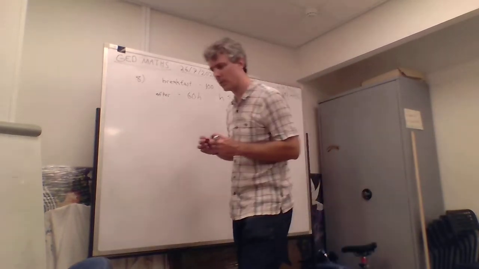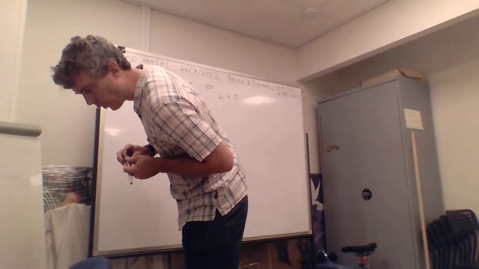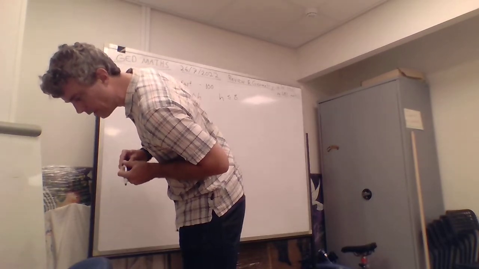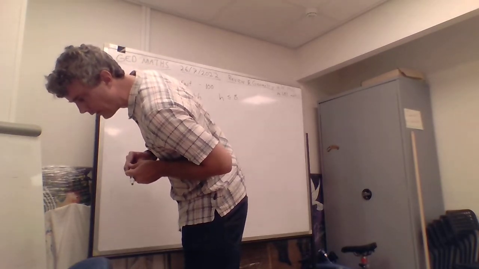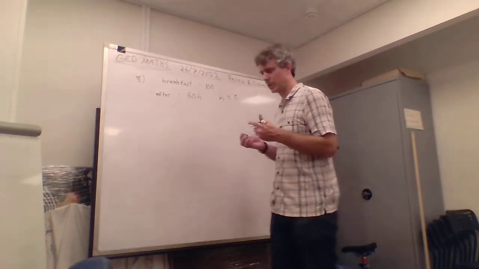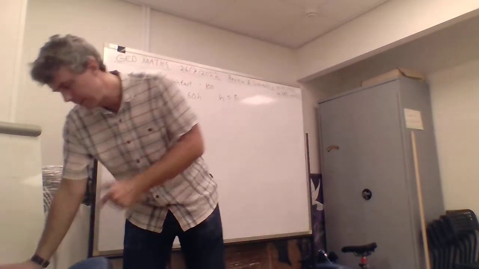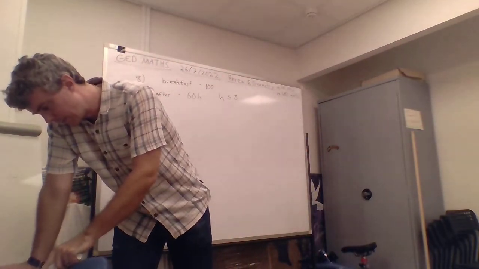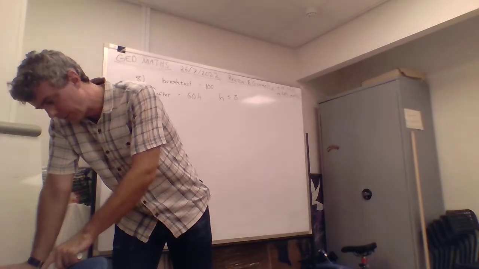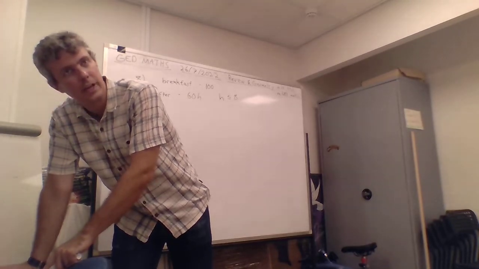So what do they want? The domain. If we look here, A says the domain is 0 is less than or equal to h, which is less than or equal to 8.